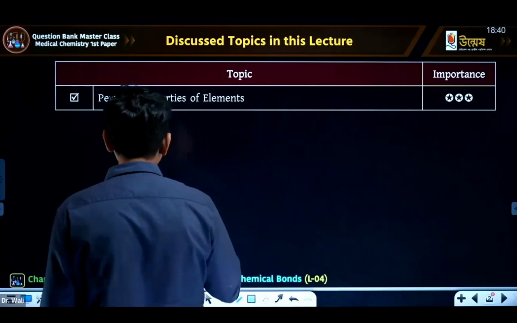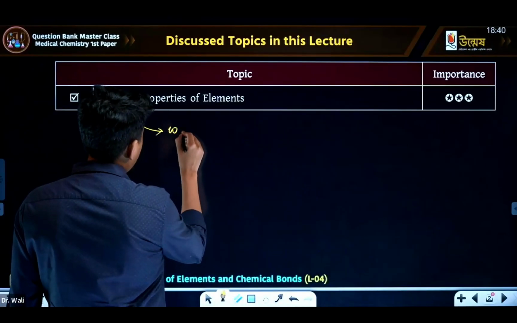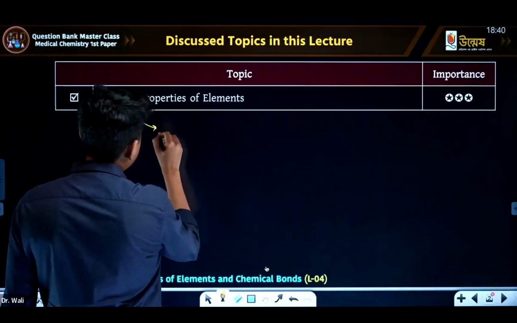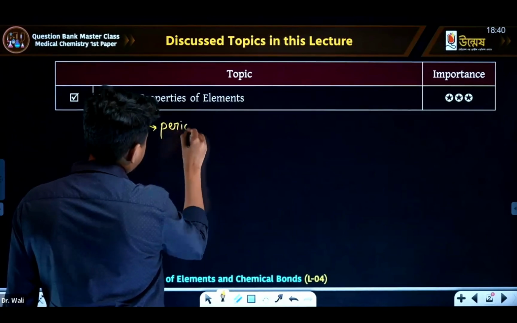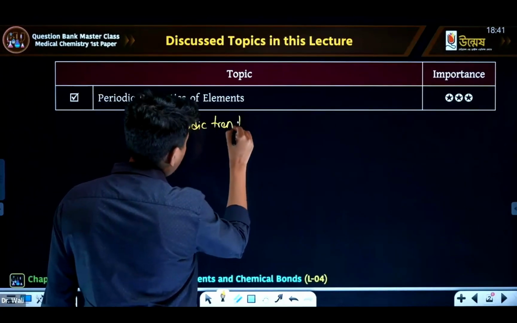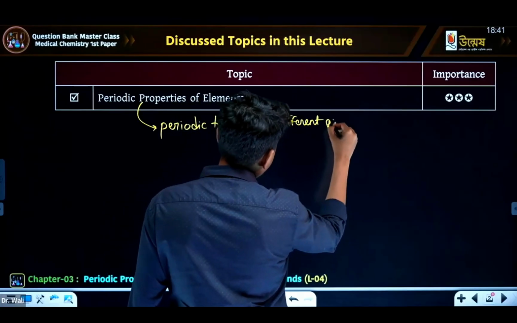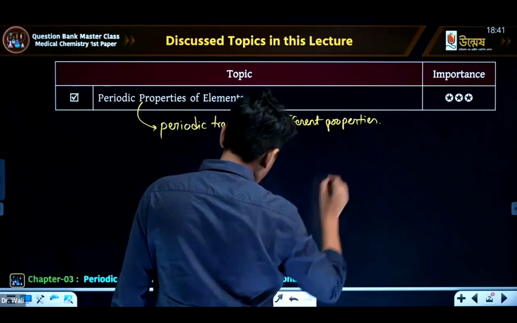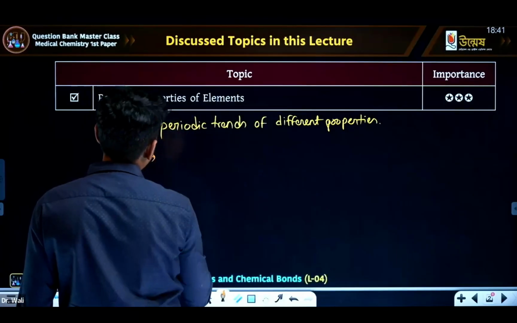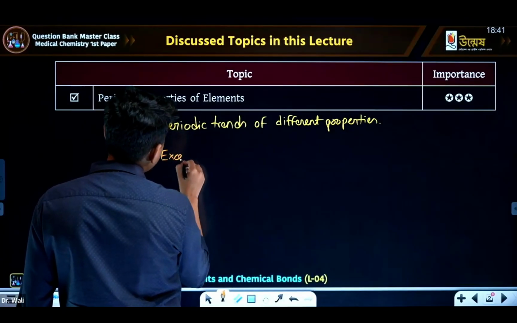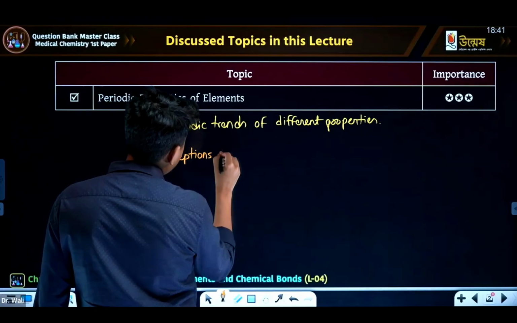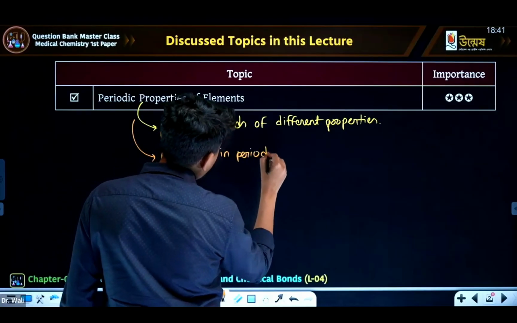What kind of questions usually come? Questions come from periodic trends of different properties. Questions also come from exceptions in periodic property.